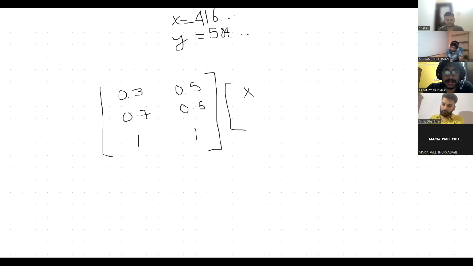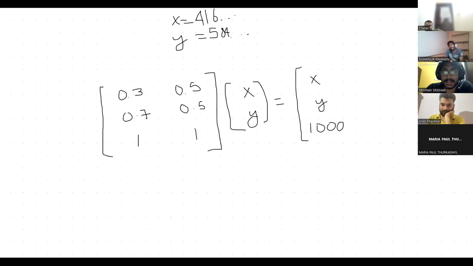X and Y. And the output will be X, Y, and 1000. But it is not the same as x and y.